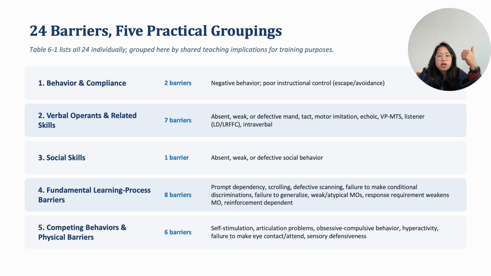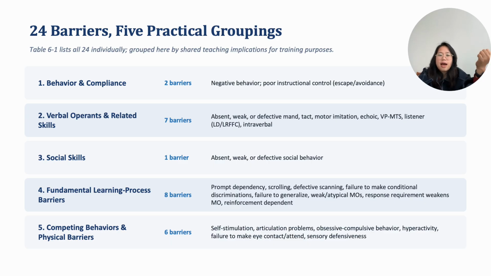listener repertoires, and intraverbal. Group 3 stands alone: absent, weak, or defective social skills. Group 4 covers fundamental learning process barriers like prompt dependency, scrolling, defective scanning, failure to make conditional discriminations, failure to generalize, weak or atypical motivating operation, response requirement weakening the MO, and reinforcement dependency.